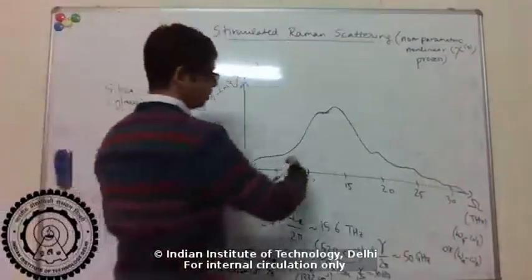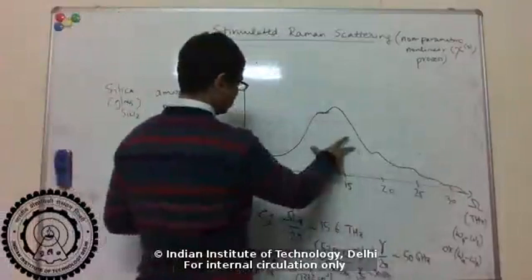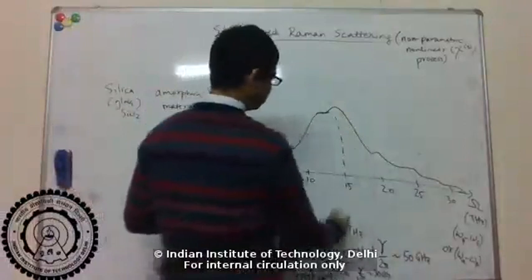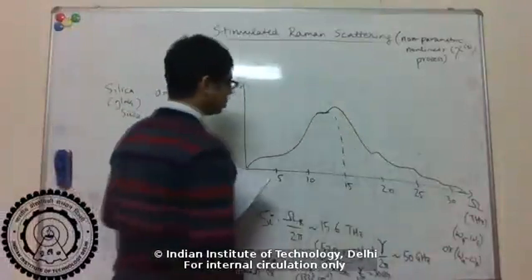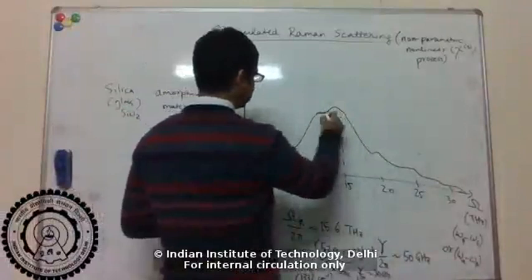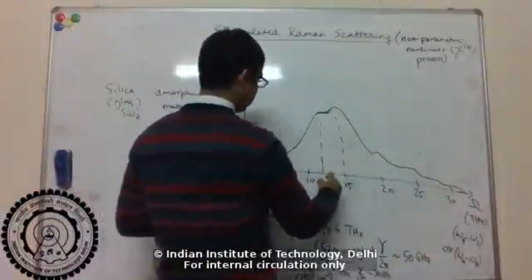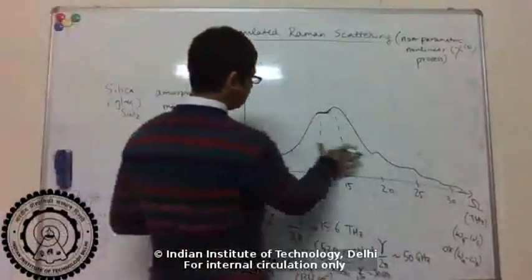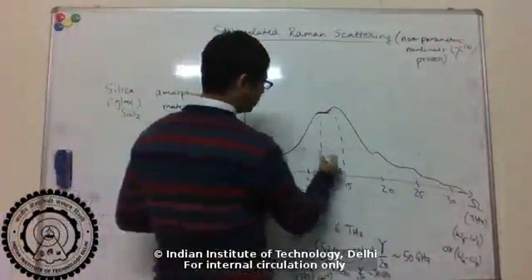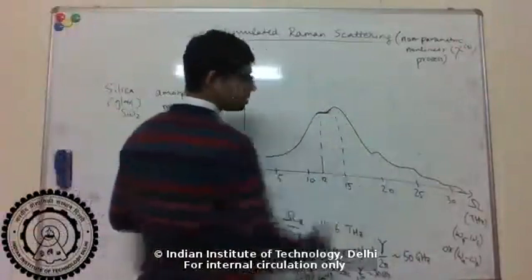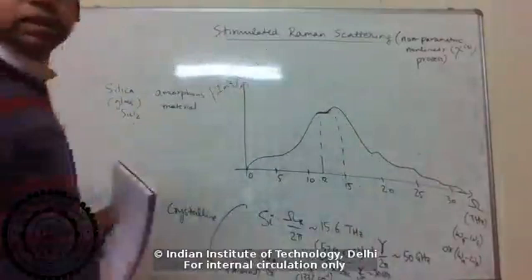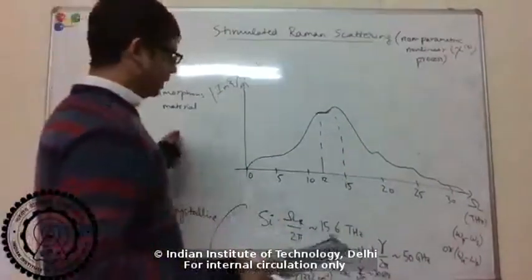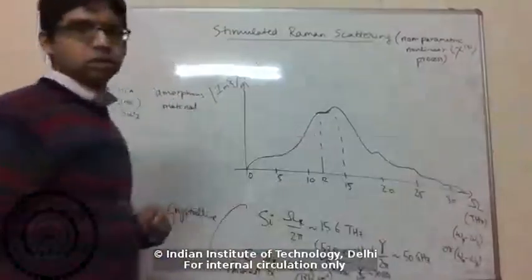And also you can see it's very wide, right? The peak occurs around 15 terahertz. There's another slightly smaller peak at around 12 terahertz. But you can see that it's very broad, right? The width here is almost 10 terahertz. So basically in amorphous materials, the resonance gets broadened out quite a bit.